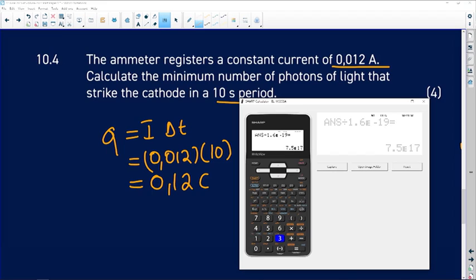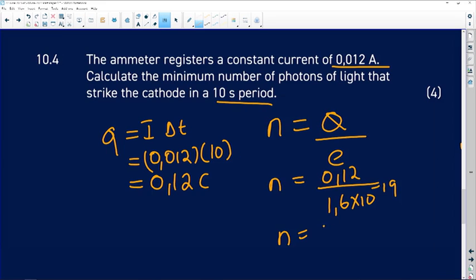Okay, and then our answer there is 7,5 times 10 to the power 17. So we have 7,5 times 10 to the power 17. That is our answer there.